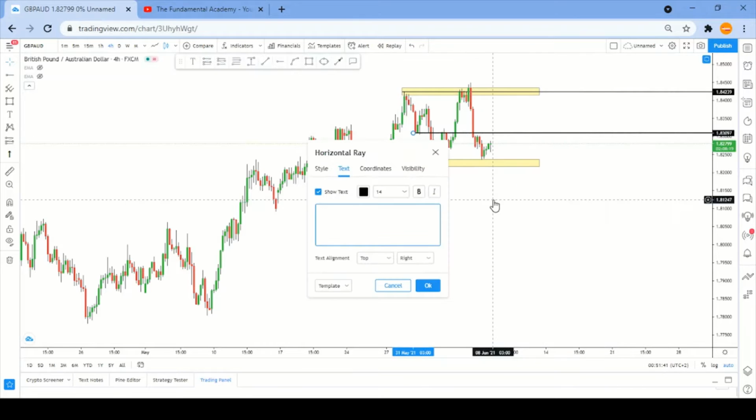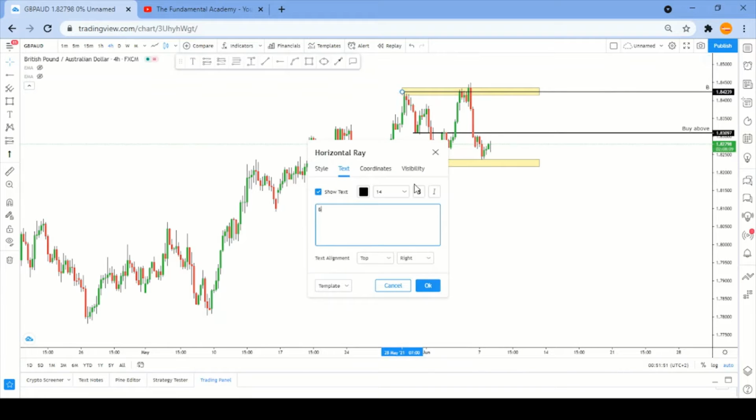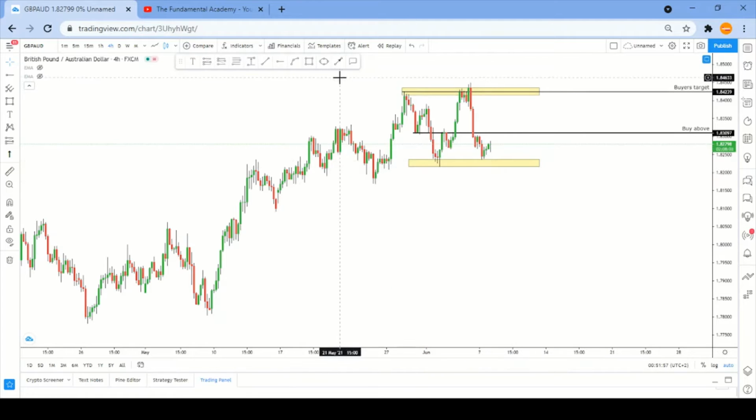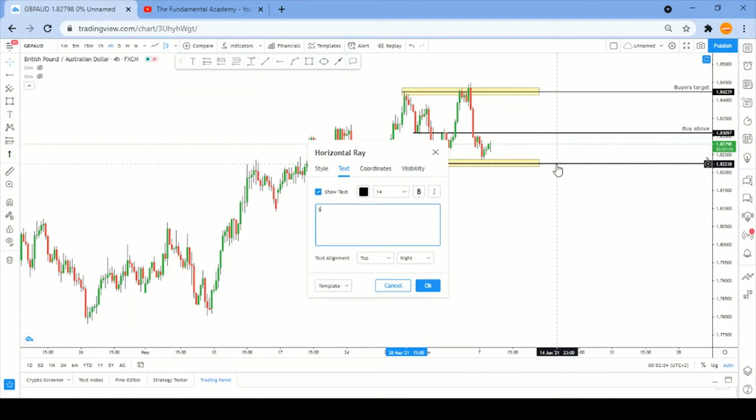And for me, the trade of the week on GBP AUD would be buy above. This would be my bias target. And if it does come lower than this level, I'd say to sell below.